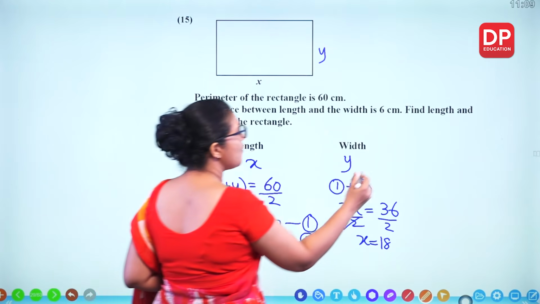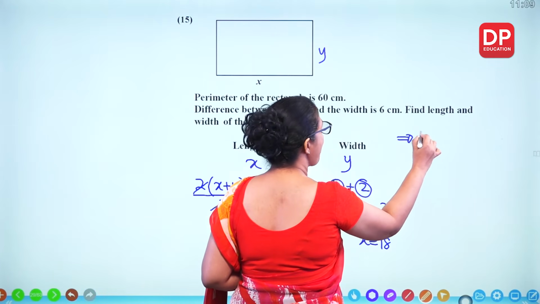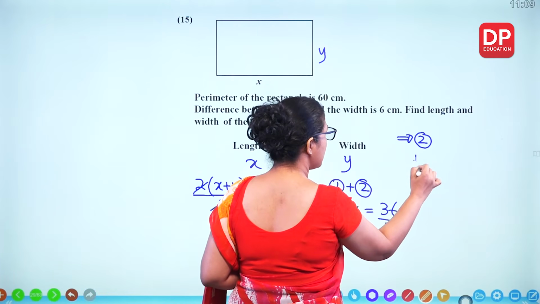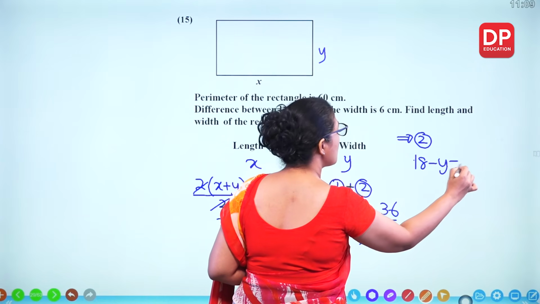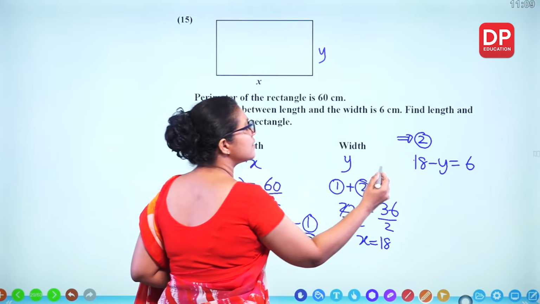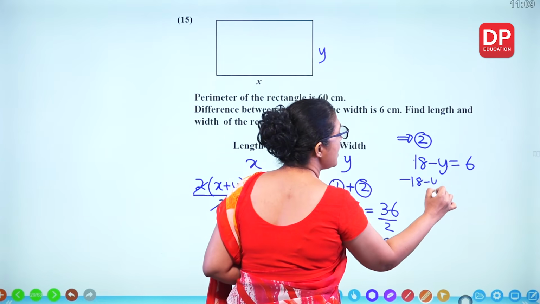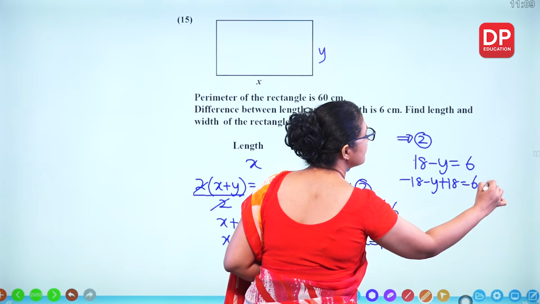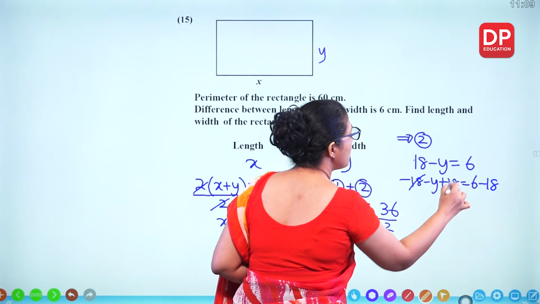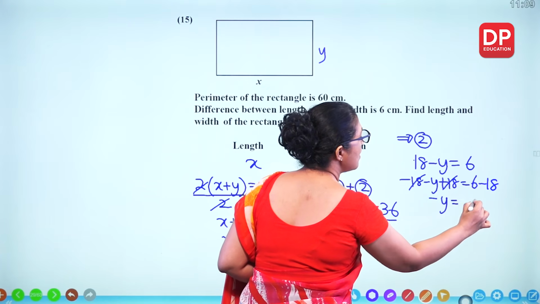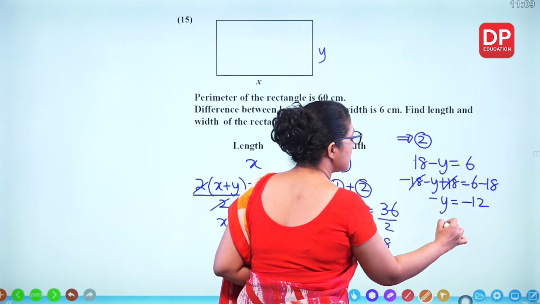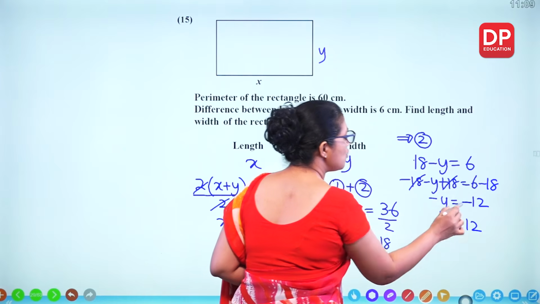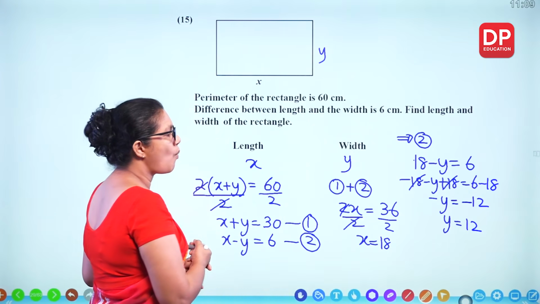Now take the second one and substitute. x, that means 18 minus y equals 6. Subtract 18 from both sides. You get minus y equals minus 12. So y becomes 12 when you divide this by negative 1.